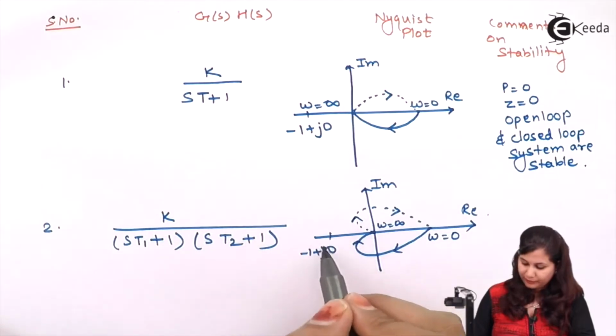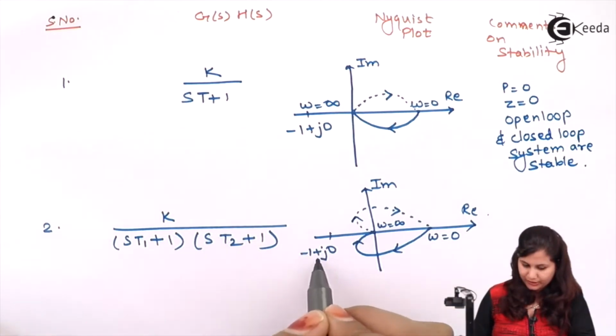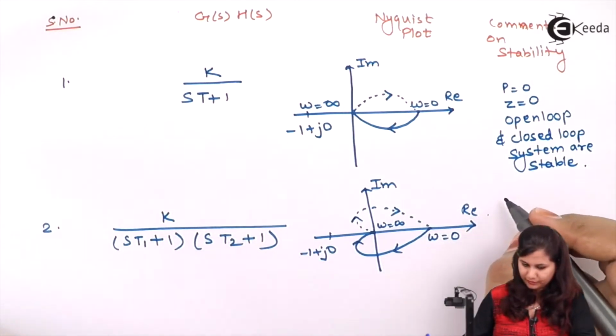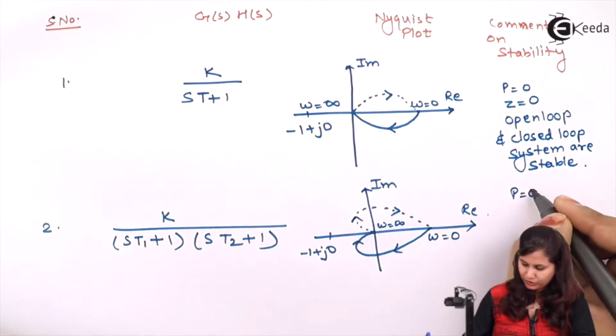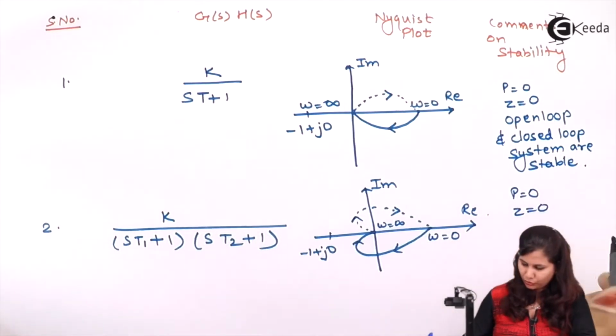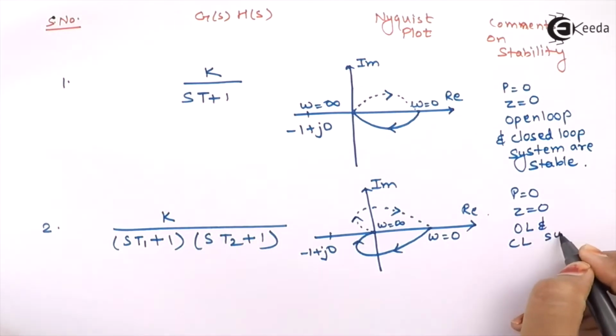There is no encirclement of the -1 plus j0 point. So P equals 0, Z equals 0, and both open loop and closed loop systems are stable.